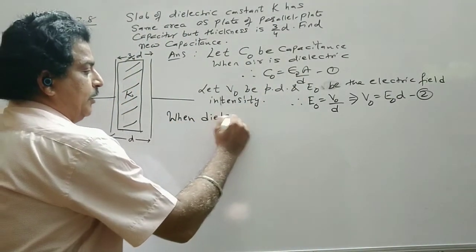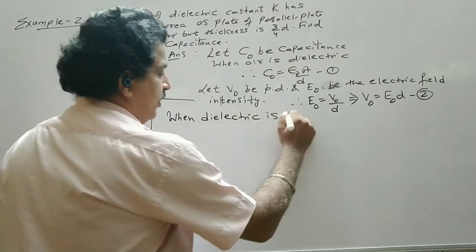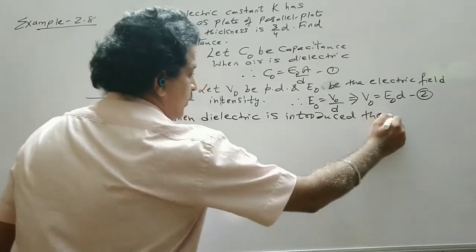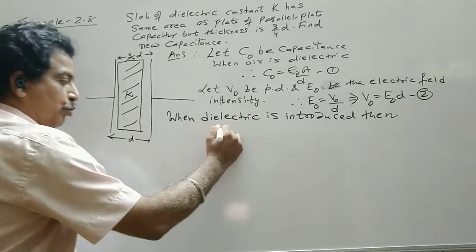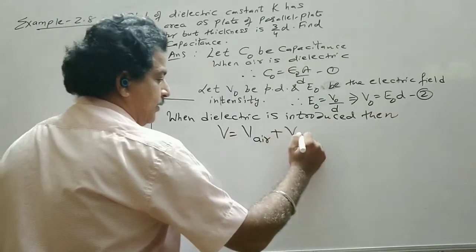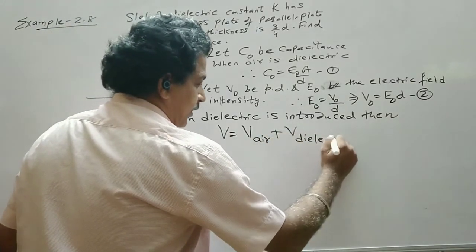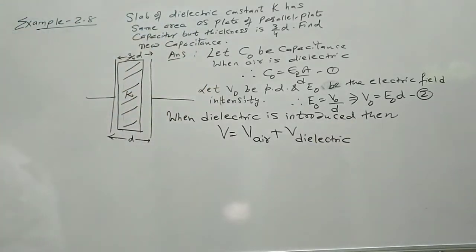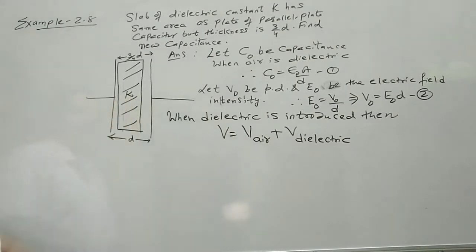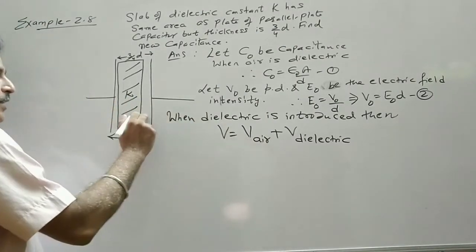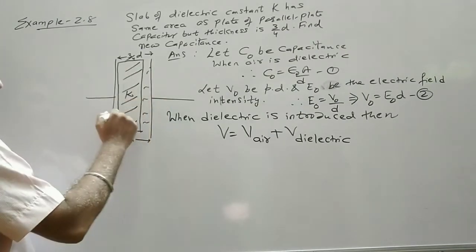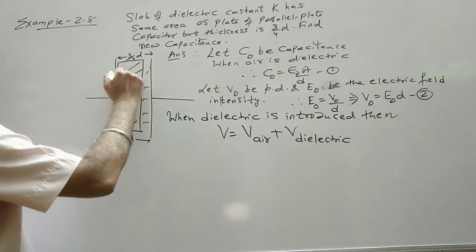When the dielectric is introduced, then see the steps. Then the new V can be written as V air plus V dielectric. Now the potential difference in the region where there is air, this is the air portion. Air portion is still there here.